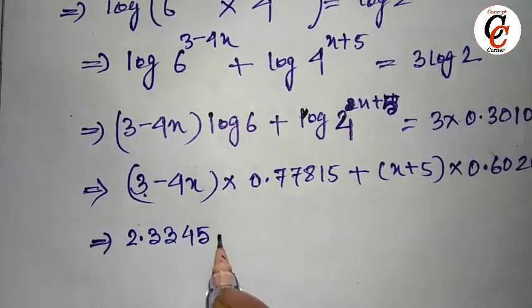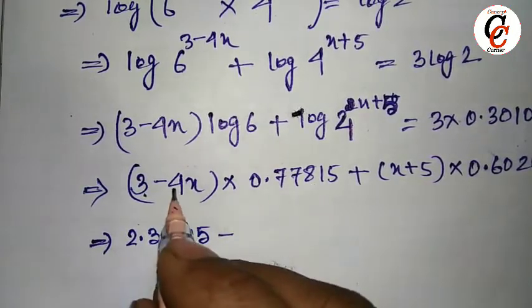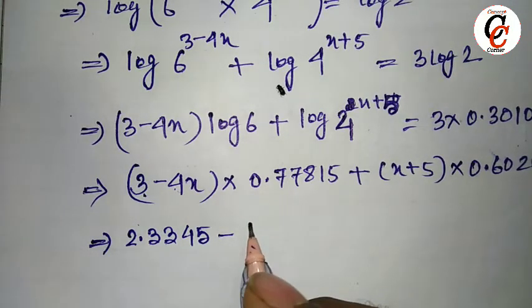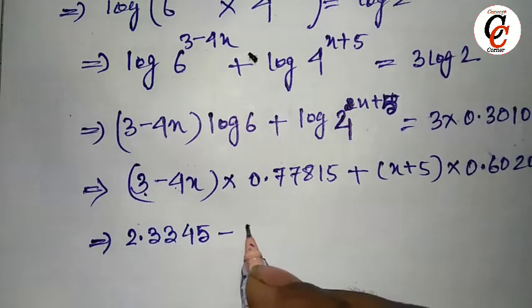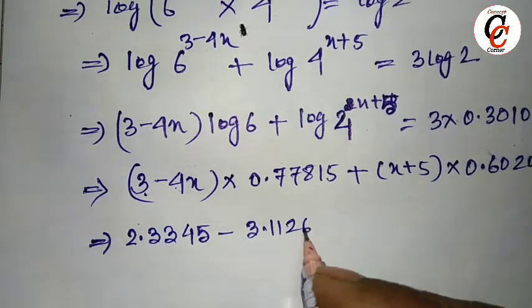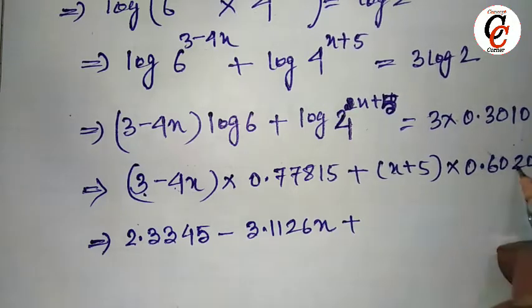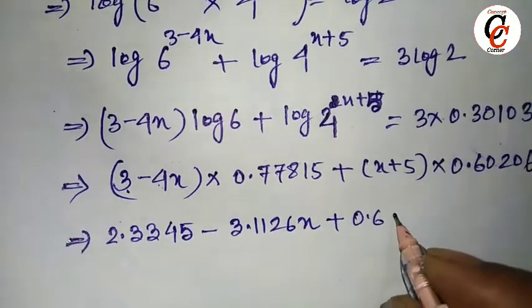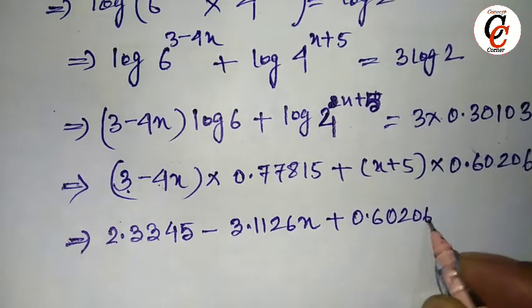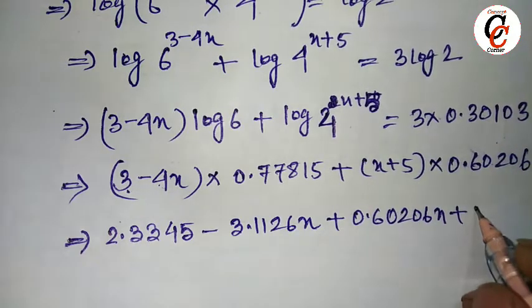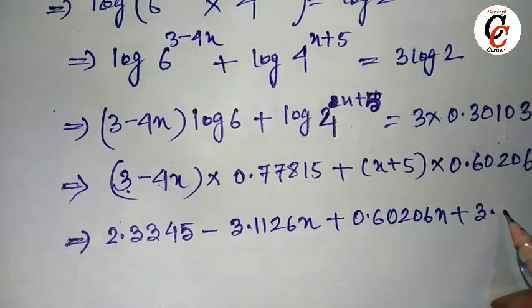Now see, after multiplying 3 with this we get the value 2.3345. Minus 4x into this, that means 4 into this value into x. 4 into this value means 3.1126 into x.